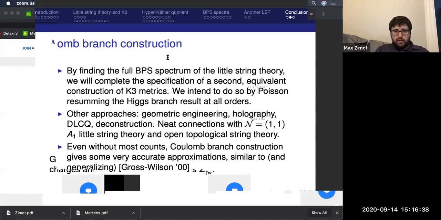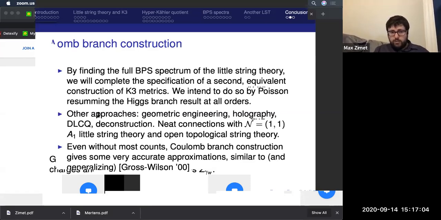But once we find the full BPS spectrum of the little string theory, which we should be able to do by comparing with the Higgs branch picture, then we'll get a second equivalent construction of K3 metrics, which again has a small expansion parameter, namely the distance from the semi-flat limit. And so that's again computationally useful.